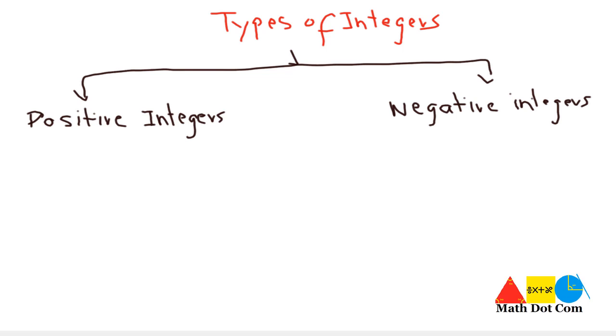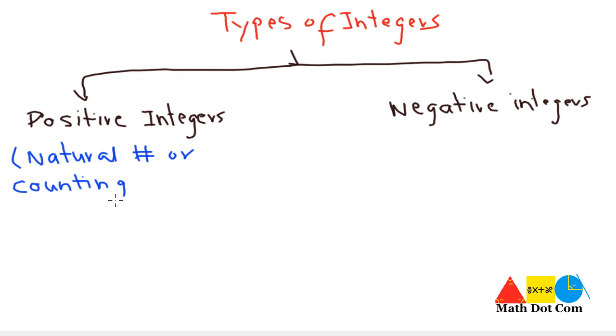Positive integers are the natural numbers or counting numbers, as we have discussed earlier in this lecture.